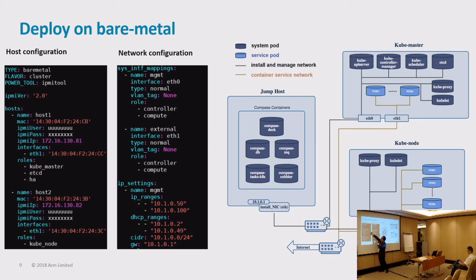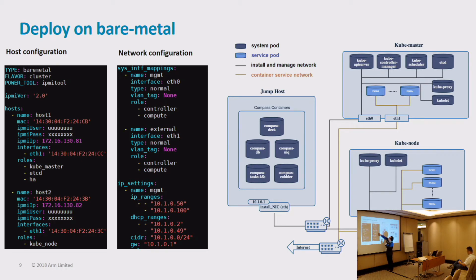Most important is the bare metal hosts. You use the BMC to access the power, so you need the BMC IP address, username, password, and the MAC address, so the PXE services can match the MAC address to give the host an appropriate IP address. This is the list of the host information.